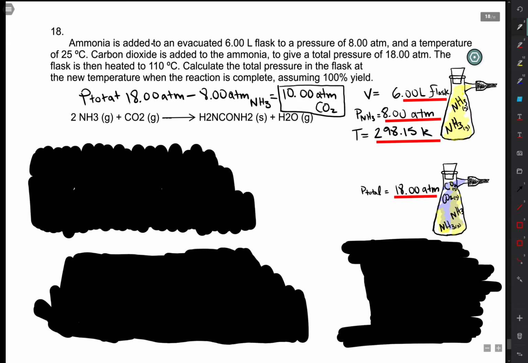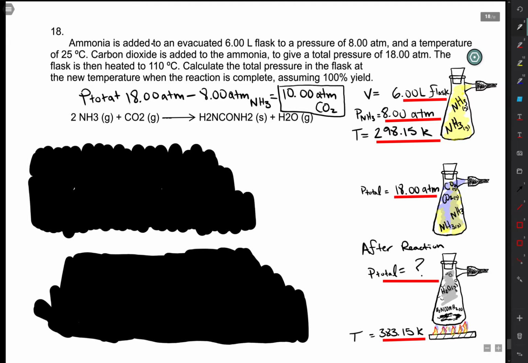It also states that we heat the reaction at 383.15 Kelvin, and this is when we get our reaction.